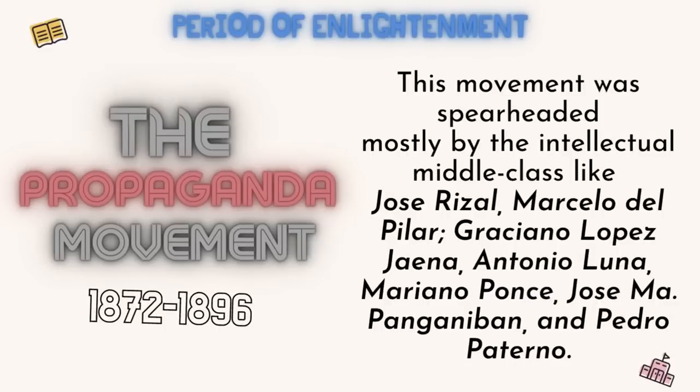This movement was spearheaded mostly by the intellectual middle class like Jose Rizal, Marcelo del Pilar, Graciano Lopez Jaena, Antonio Luna, Mariano Ponce, Jose Maria Panganiban, and Pedro Paterno. Can you still remember them in our history? I bet you do.